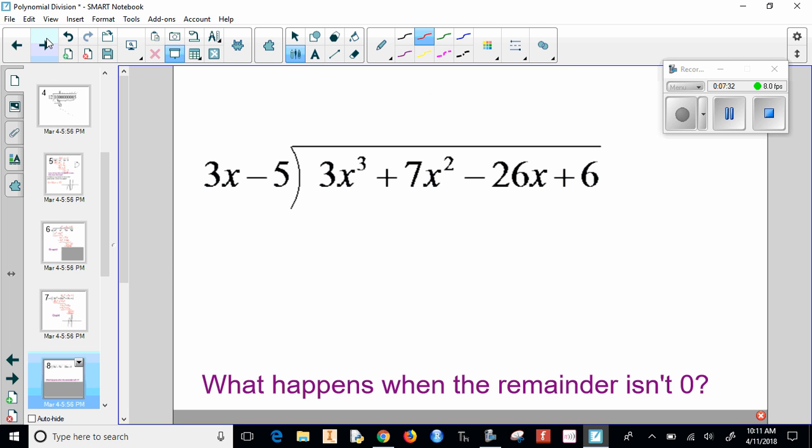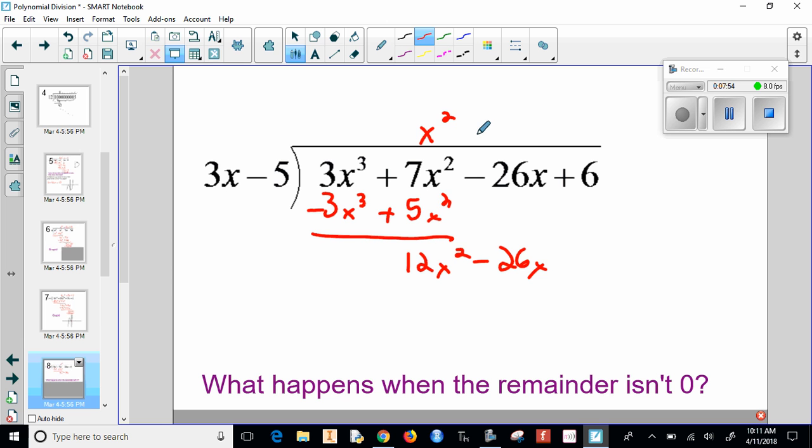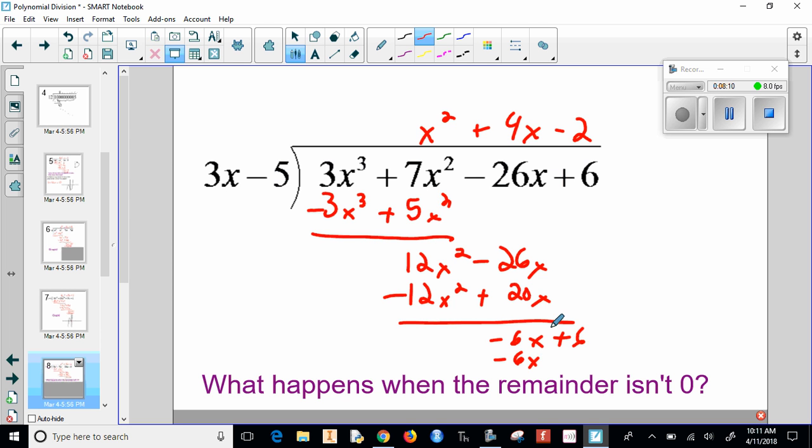So this one, what happens when the remainder isn't 0? So let's multiply this out real quick. We have x squared, 3x to the third minus 5x squared, subtract, and then this would be 4. And now when I do this, this would be negative 2, negative 6x plus 10.